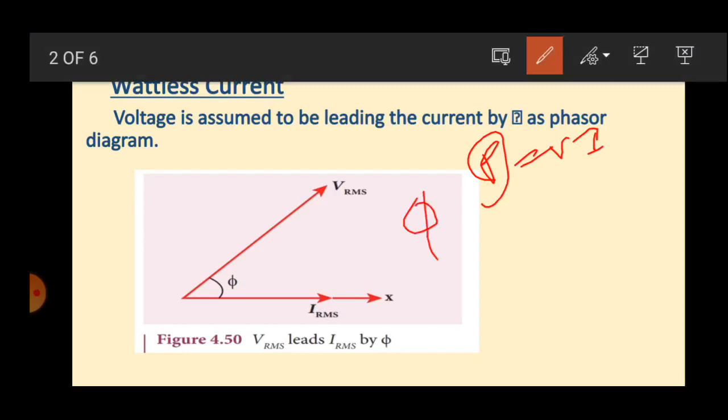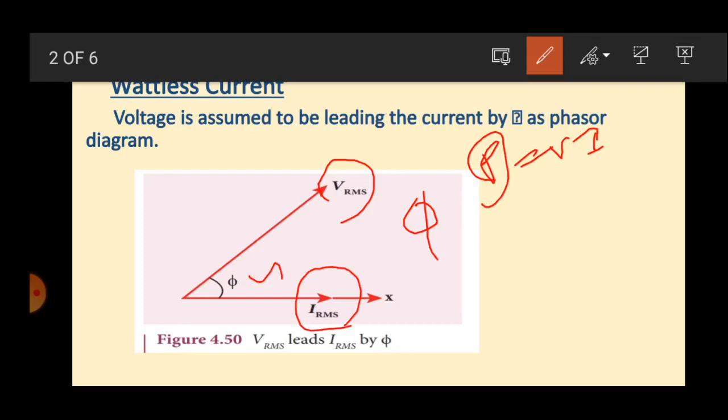So it is the angle between voltage and current. This is the Vrms voltage, and Vrms is nothing but root mean square voltage, and Irms root mean square current. This angle phi is the phase angle.